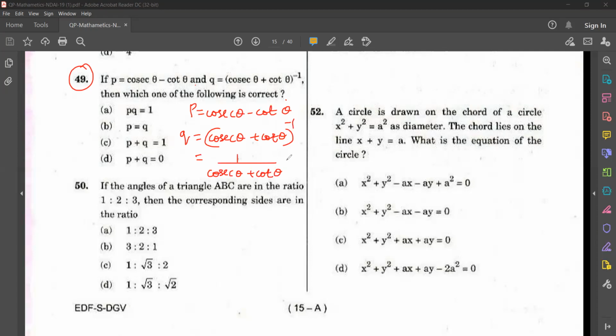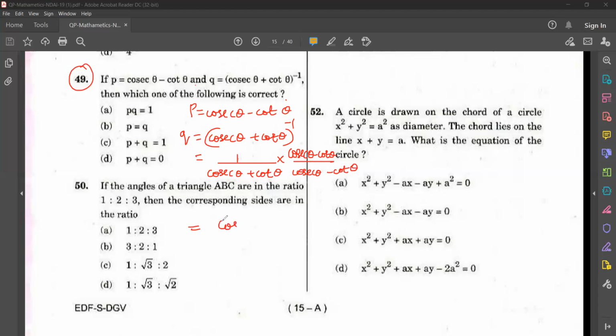Now, what you have to do is multiply the numerator and denominator with the conjugate, that is cosec theta minus cot theta. This is a hint. All of you try now.